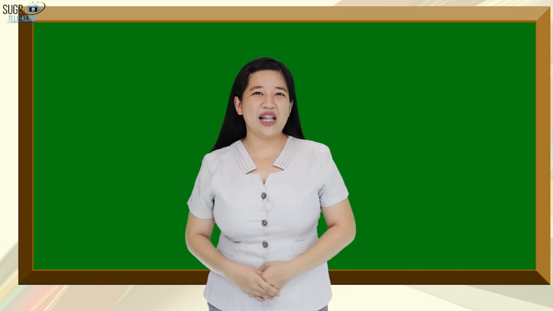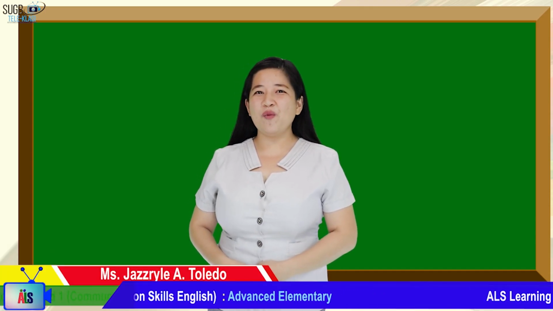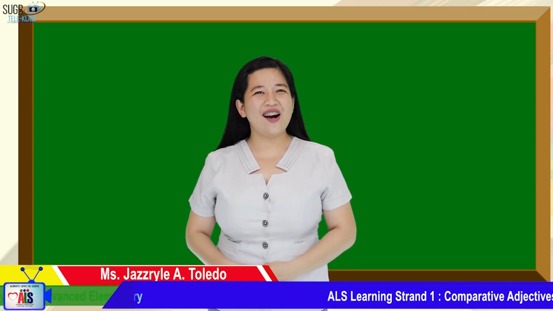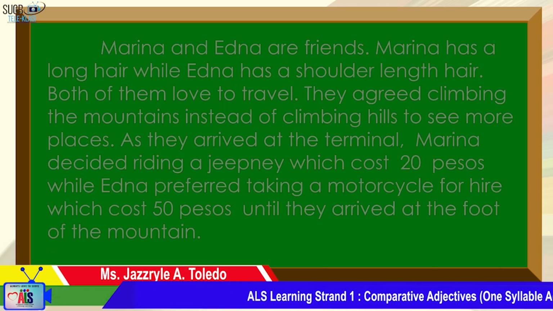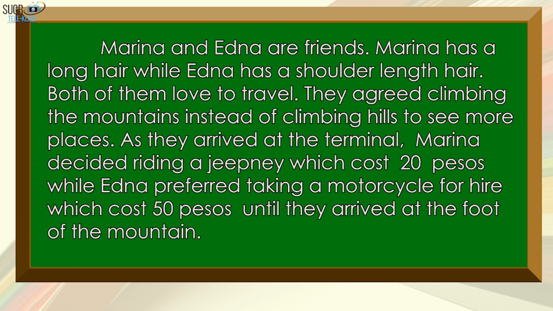Now, let me challenge your skill in making comparative sentences using one-syllable adjectives after reading this short story. Are you ready? Marina and Edna are friends. Marina has a long hair while Edna has a shoulder-length hair. Both of them love to travel.